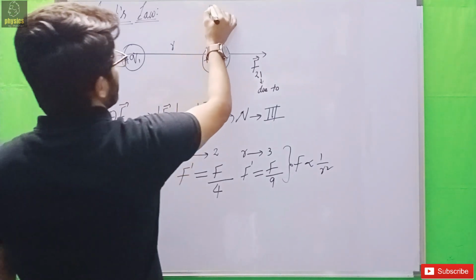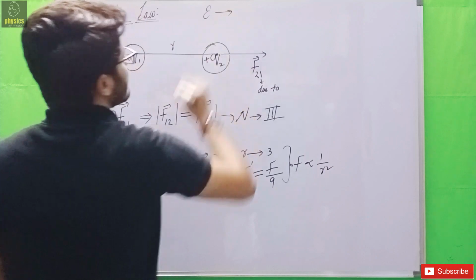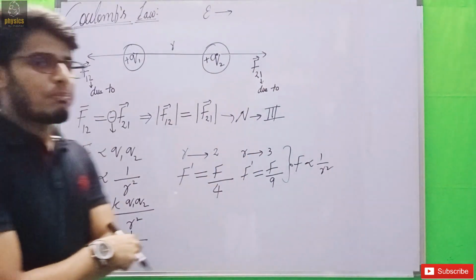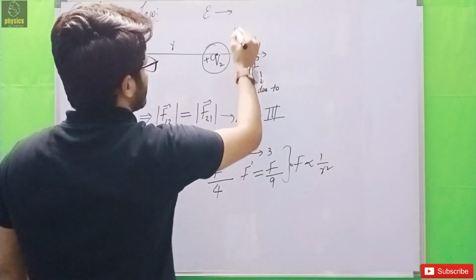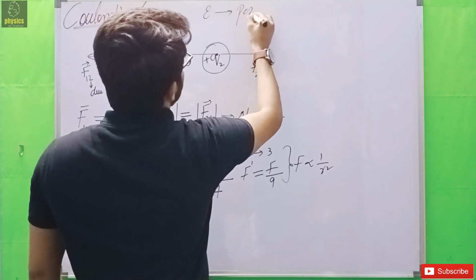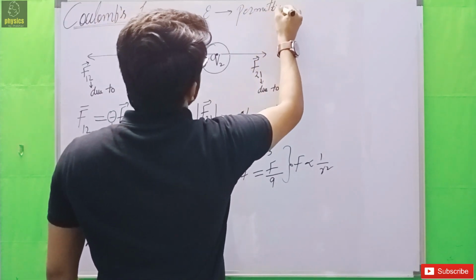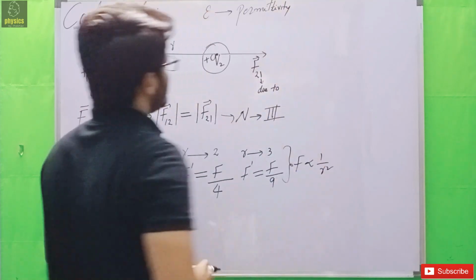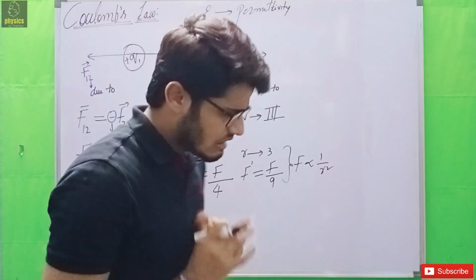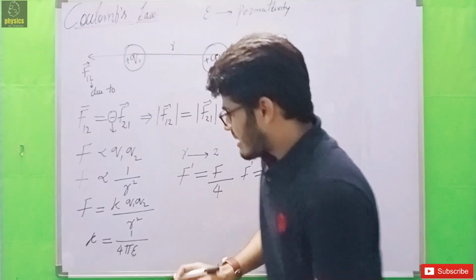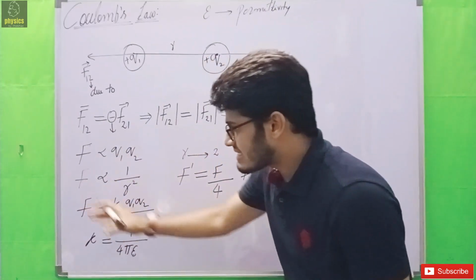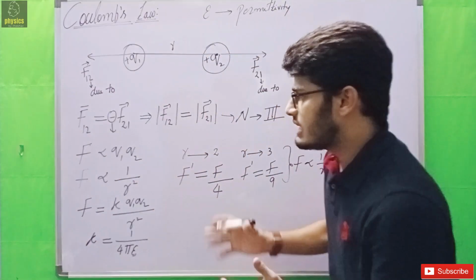This epsilon is called the permittivity. What is it actually, and why is the constant coming into this formula? What is the actual meaning of this constant?